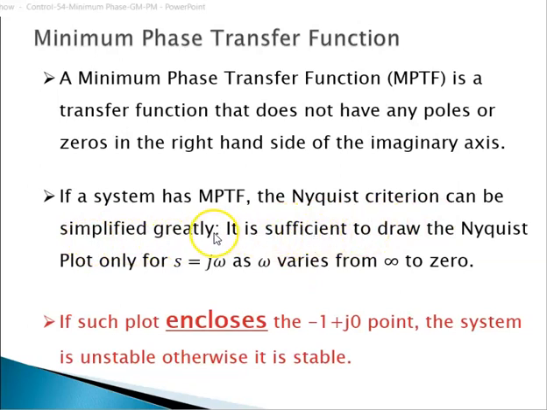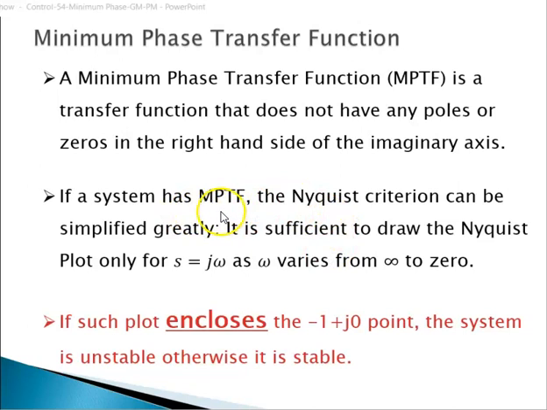We have seen that in the case of the Nyquist criterion, there are 4 segments: C1 along the positive imaginary axis, C2 is a big circle, C3 is the negative imaginary axis, and C4 is the small circle, and we draw the Nyquist plot for each of those segments.